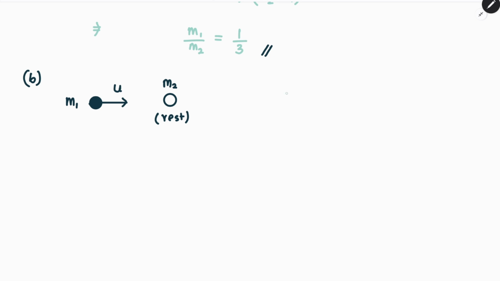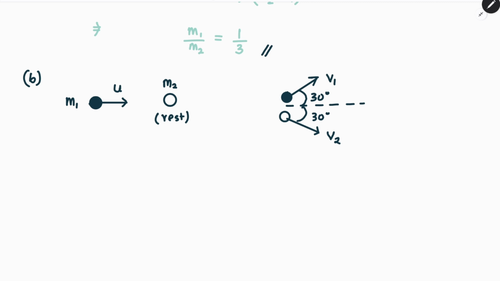Then after collision, m1 and m2 fly apart making an angle of divergence of 60 degrees. If one particle goes with a speed v1, the other goes with a speed v2, and the angle between them is 60 degrees. So this angle is equal to 30 degrees, and this angle is also equal to 30 degrees.